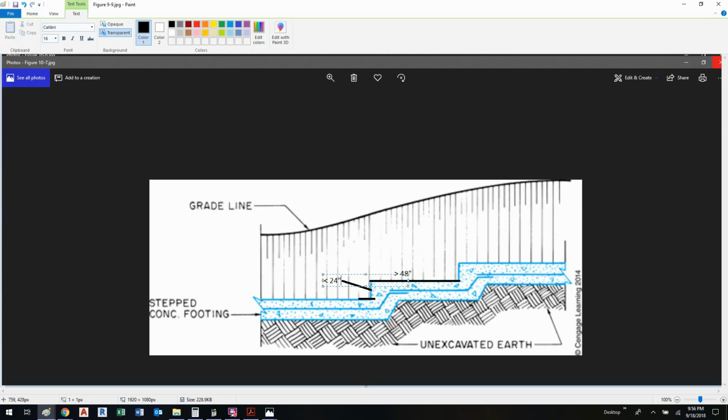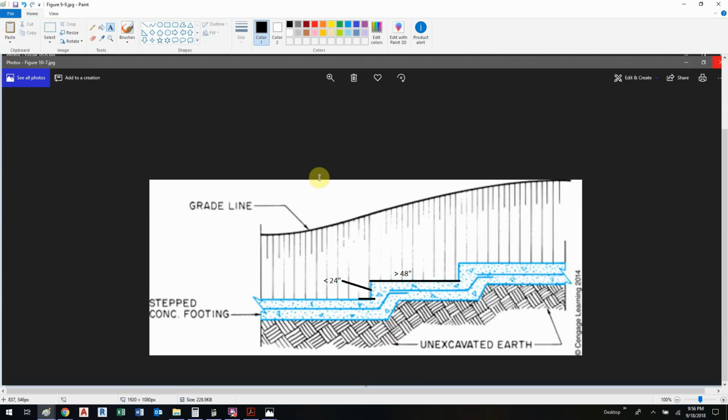Let's try 24 inches. So you cannot step a footing any greater than 24 inches. Okay, a minimum of 48 inches on the level, and the maximum that you can do is 24 inches this way.